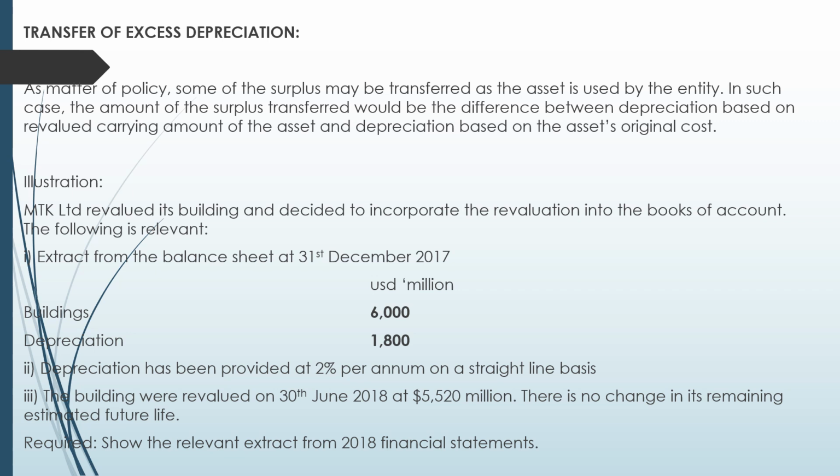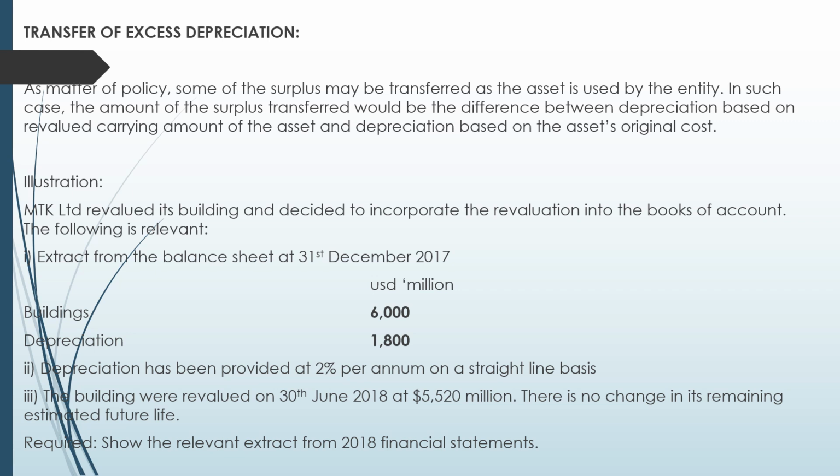So MTK Limited revalued its building and decided to incorporate the revaluation into the books of accounts. The following is relevant. Extract from the balance sheet at 31st December 2017: our building cost is 6,000 million. Accumulated depreciation is 1,800.